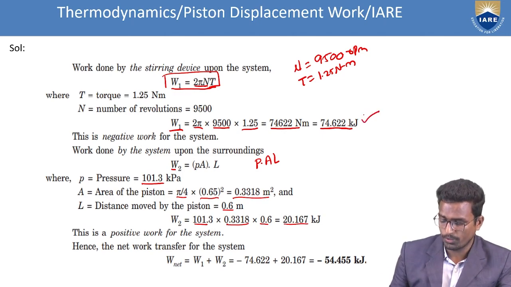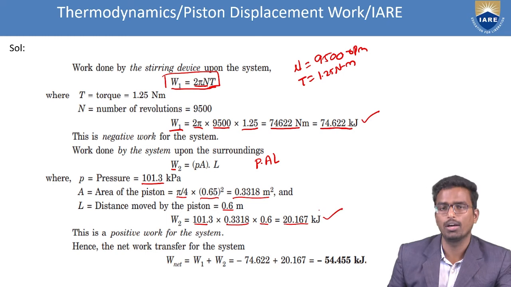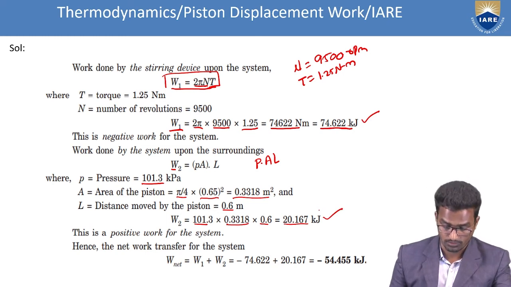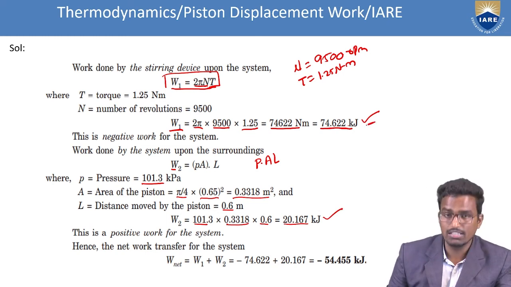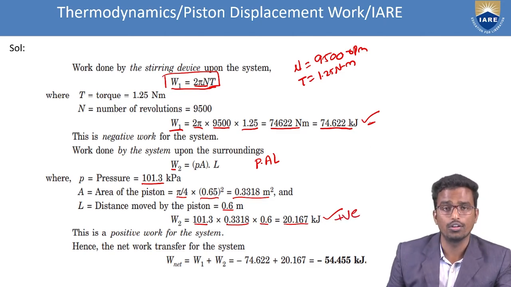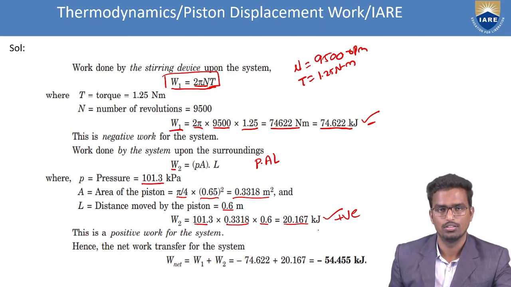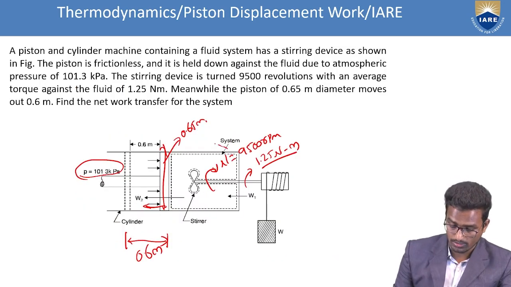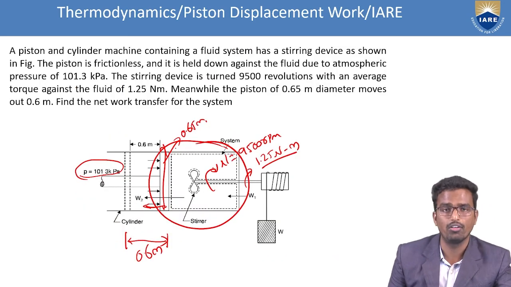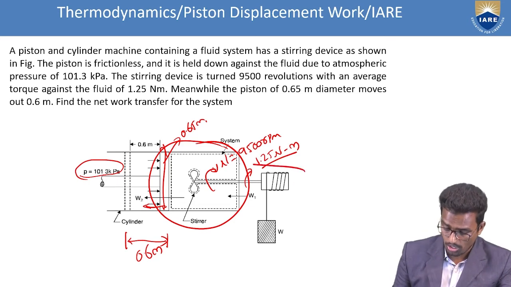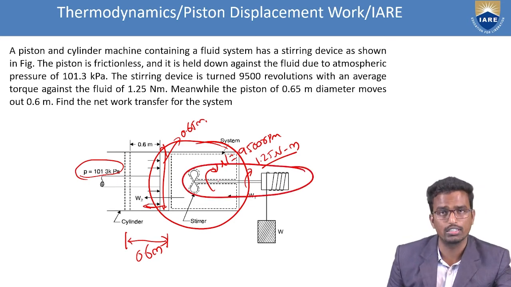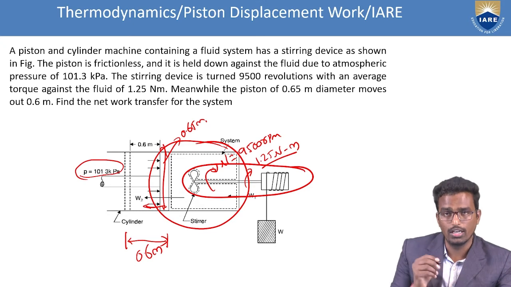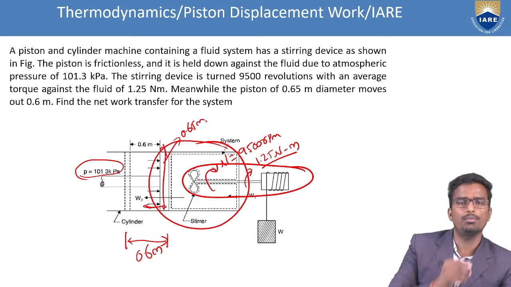Previously, you got 74.622 and now you get 20.167. But previously it is a negative work, now it is a positive work. Here, it is work done on the system. Here, it is work done by the system. You understand, right? If you take the piston cylinder mechanism as a system, because of this torque creator, that means the stirrer, it is doing work on the piston cylinder.